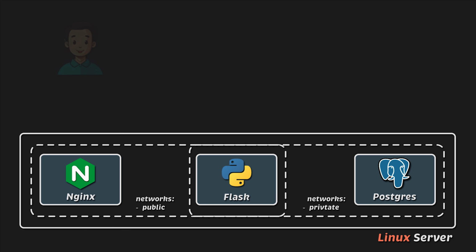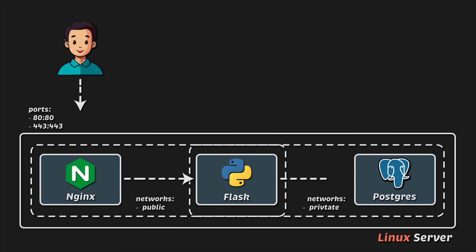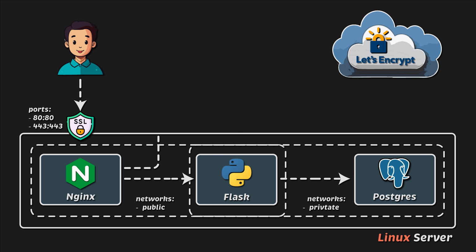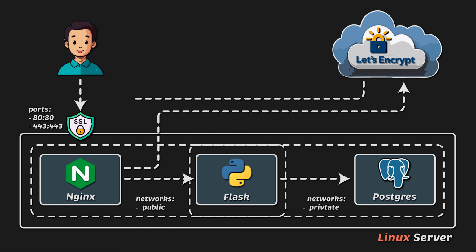Finally, we'll deploy this stack to a remote Linux server. We'll expose only Nginx to the internet and secure it with a TLS certificate from Let's Encrypt. We'll also set up automatic renewal for the certificate. By the end of this tutorial, you'll be able to deploy a full stack to a remote Linux instance and serve real clients over the internet.